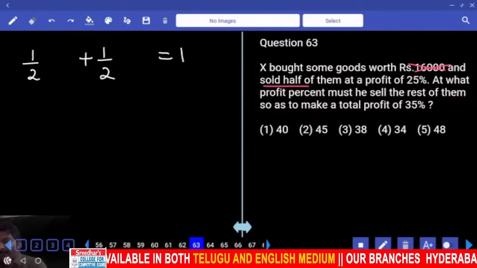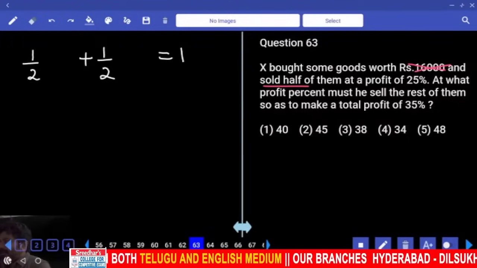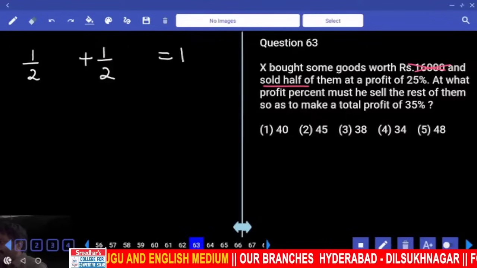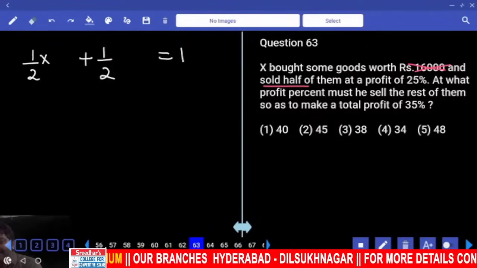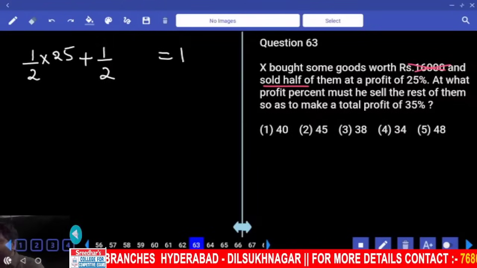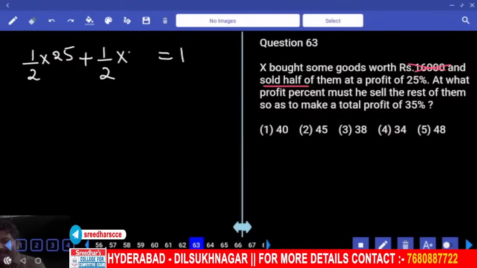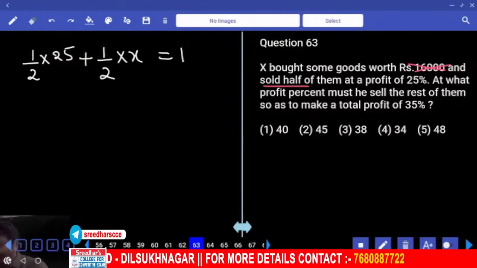total, condition equal, half already sold, remaining half, total is 1. Got it? Already on this he made a profit of 25. And on the rest he needs to get some more profit.